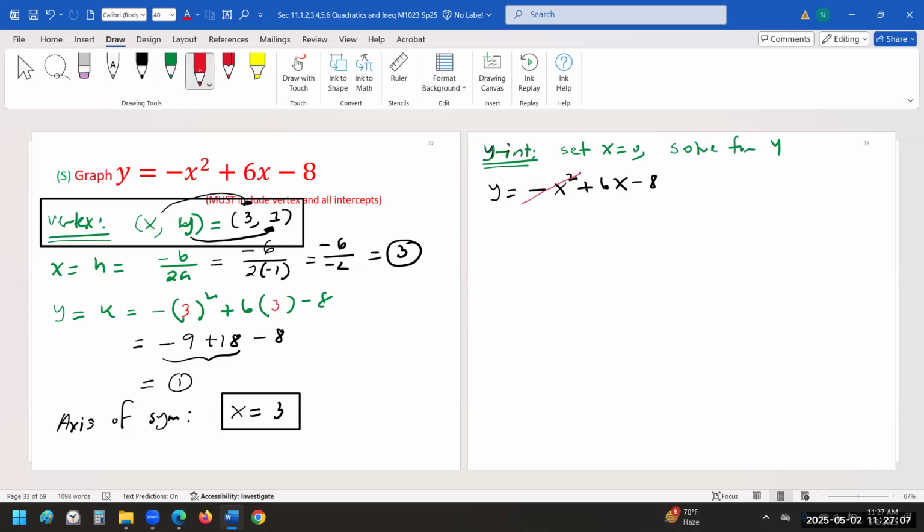When x is 0, this is 0, this is 0. So we get y equals negative 8, but in point format, it's (0, -8).